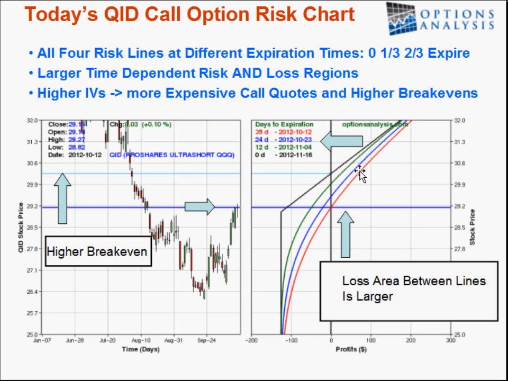You see, here's how our profit risk is going to change as both the stock moves up and down and as time changes. This area between the red line and the black line is a much larger area for both losses and for time value deterioration. Higher IVs mean more expensive call quotes, more loss regions, and higher break-evens.